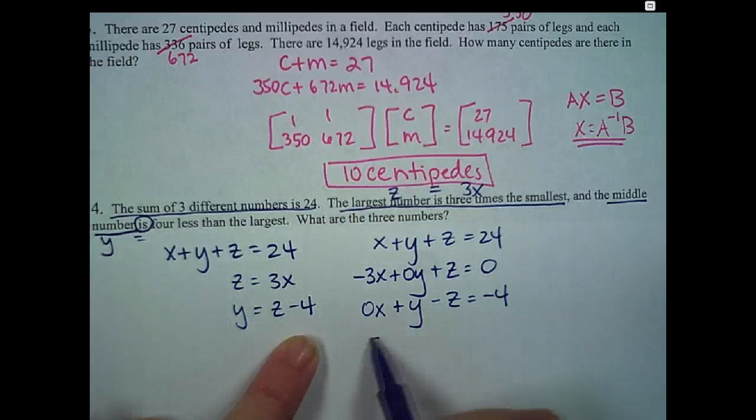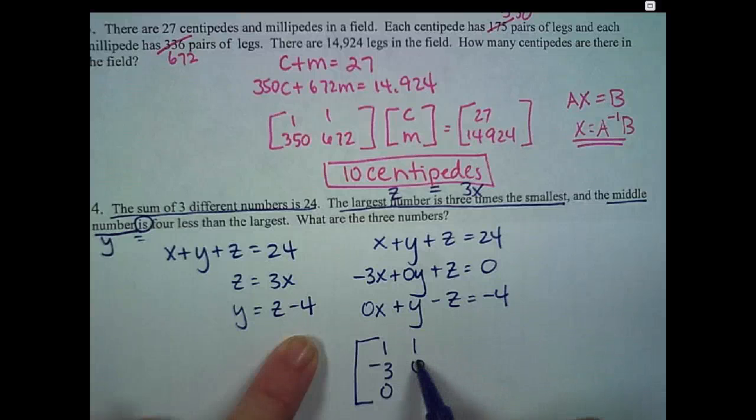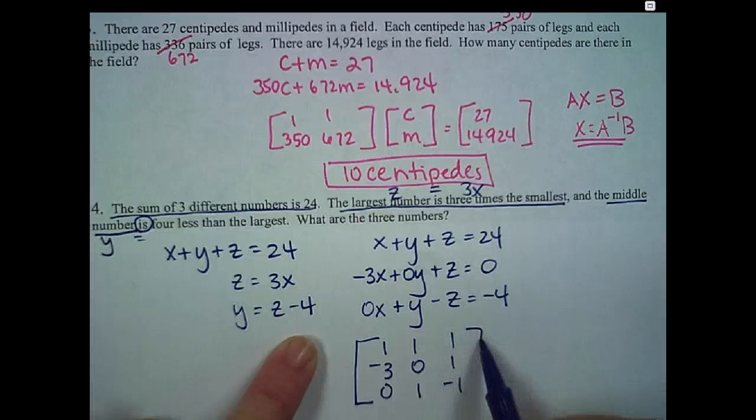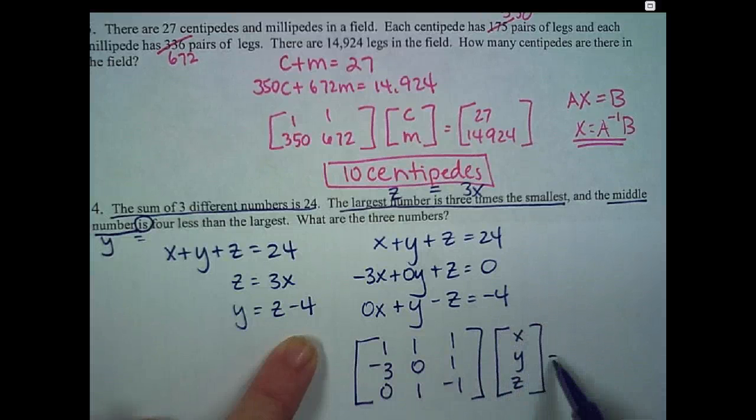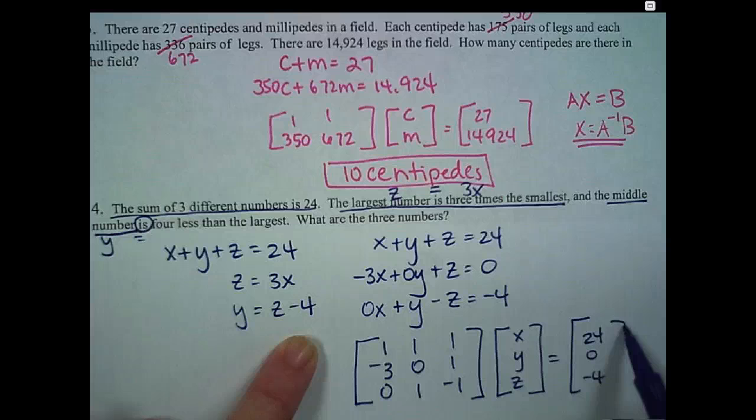So your matrix equation would look like 1, 1, 1, negative 3, 0, 1, 0, 1, negative 1. Okay, that's your coefficient matrix. Your variable matrix has 3 in it, x, y, and z. Your constant matrix would be 24, 0, and negative 4.